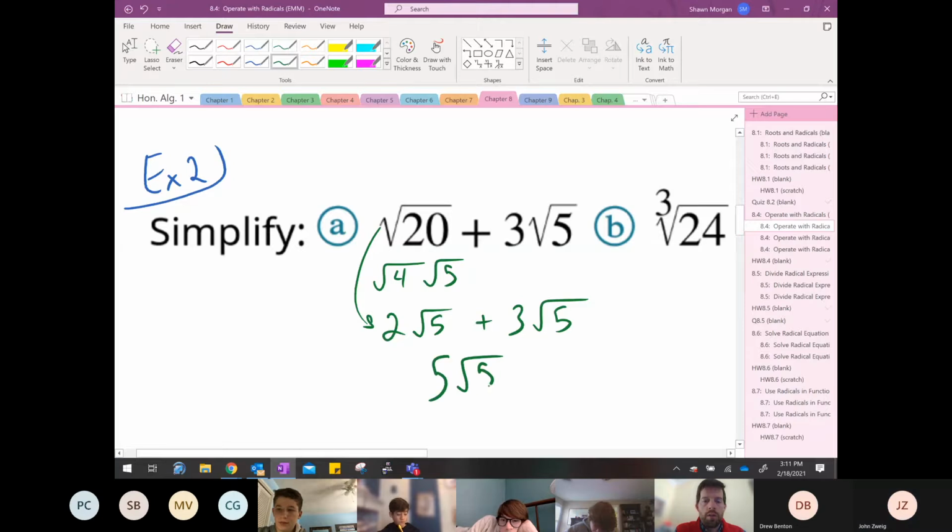5 radical 5. By the way, I'm glad John said it that way because that's how I've been saying it, but I haven't really spelled this out for us at all. To me, it's easier to say the word radical than to say the words square root of. So I would read this as 5 radical 5 as opposed to saying 5 times the square root of 5.